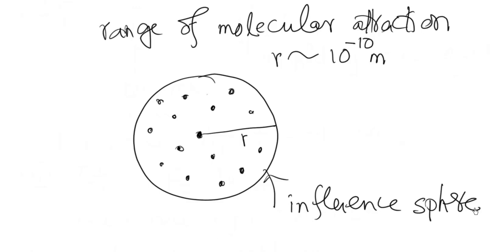The molecule at the center is only influenced by the other molecules within this influence sphere, but not by the molecules outside this sphere. So these molecules will not attract this molecule.